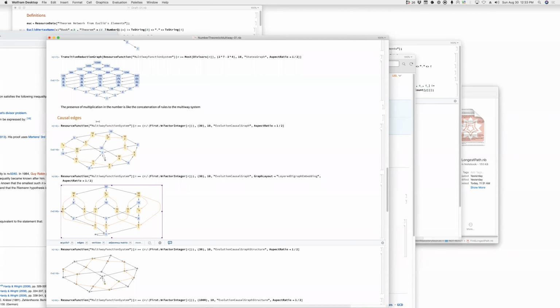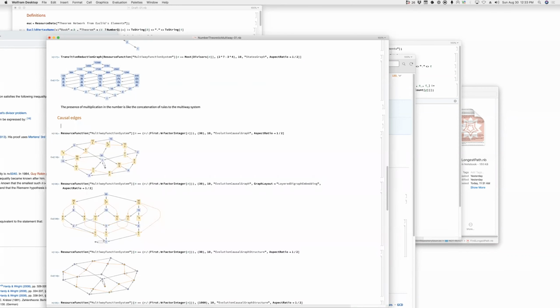Okay, so in the code, a causal connection is made between shared prime factors.